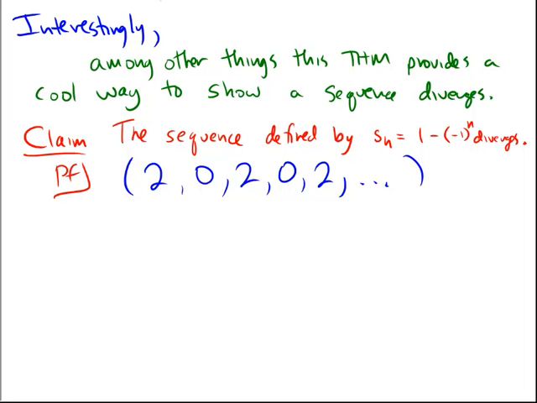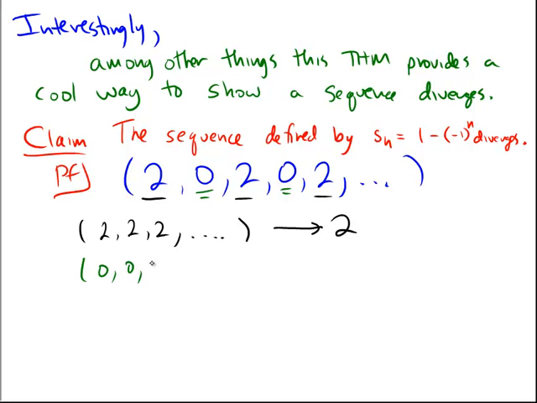Well, notice that this has two pretty obvious subsequences. Notice that if we were to take the first, third, fifth, etc., we end up getting a subsequence that looks like 2, 2, 2, and that sequence converges to 2. If we take the second term and the fourth term, etc., we end up getting another subsequence of zeros, and this one converges to 0.